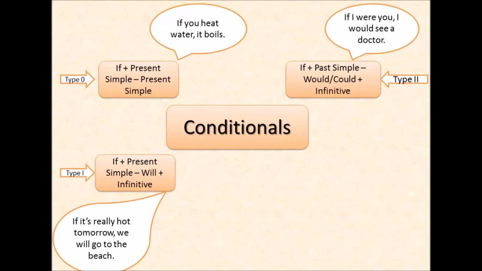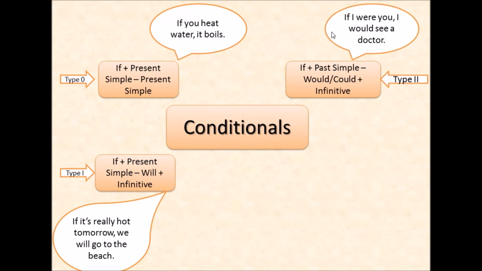First conditional or type 1 conditional is used to talk about things that are likely to happen in the present or future. It is formed with if plus present simple, and the main clause is with will plus bare infinitive. If it's really hot tomorrow, we will go to the beach.